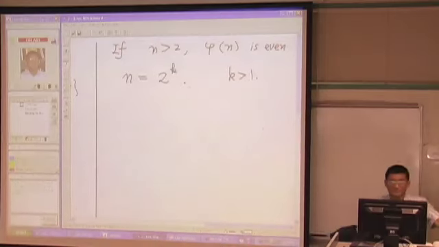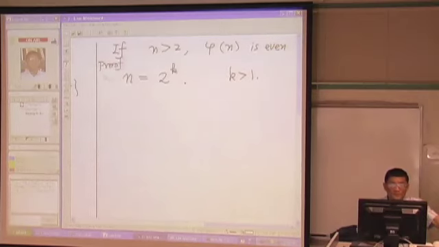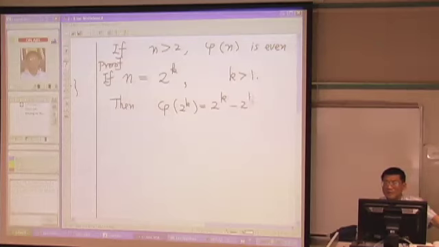If this happens, so proof, then phi of 2^k equals 2 to the power of k minus 2 to the power of k minus 1. And then we can extract the common factor 2 to the power of k minus 1.